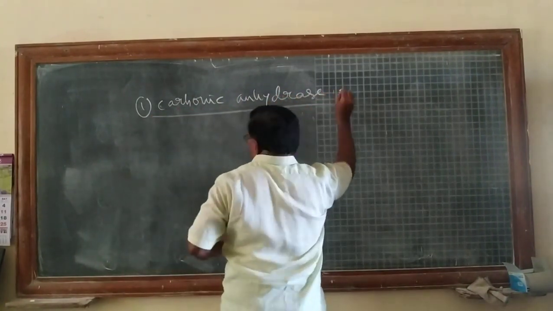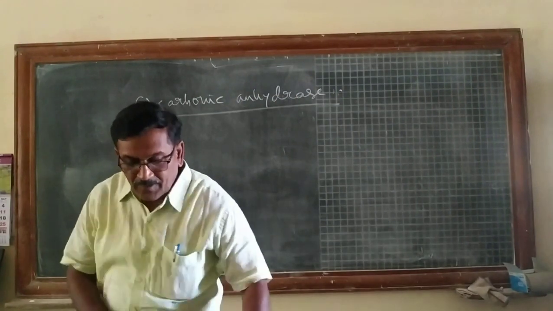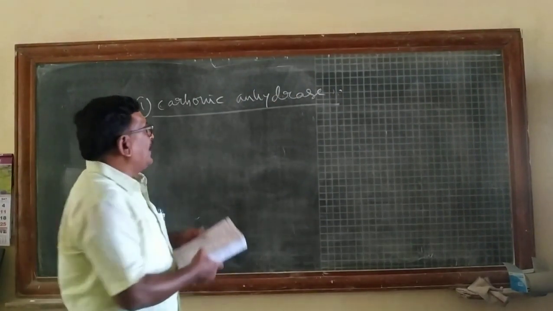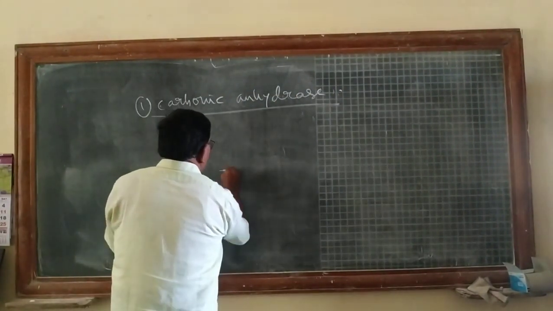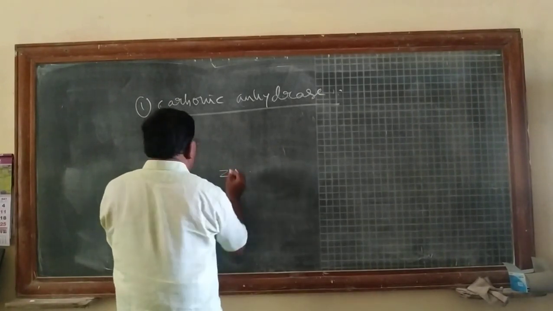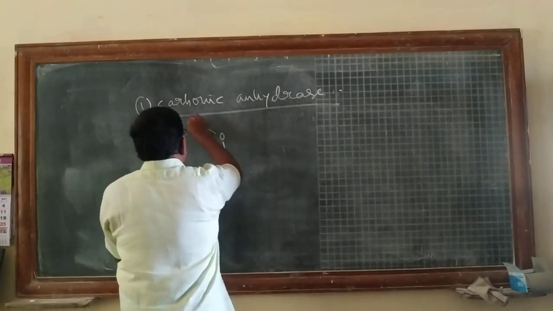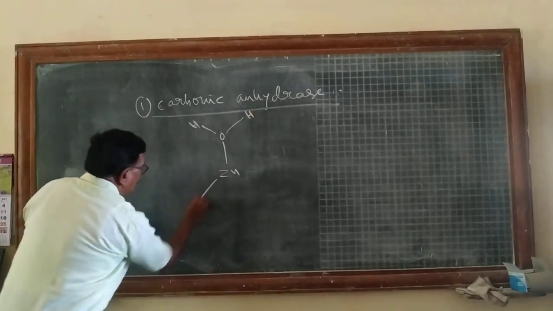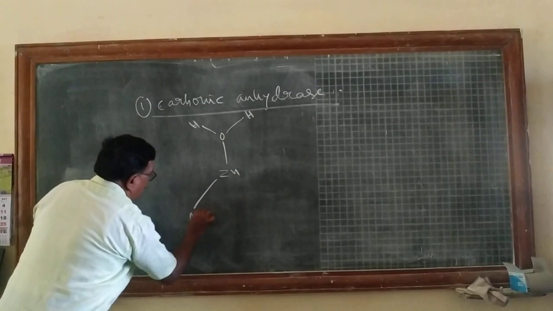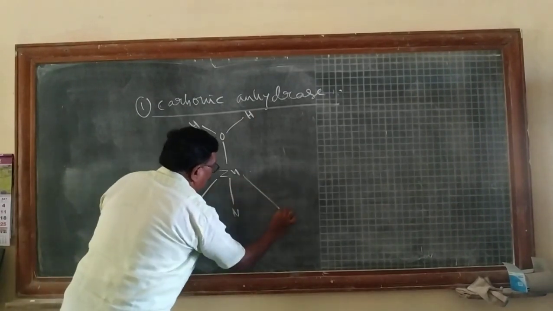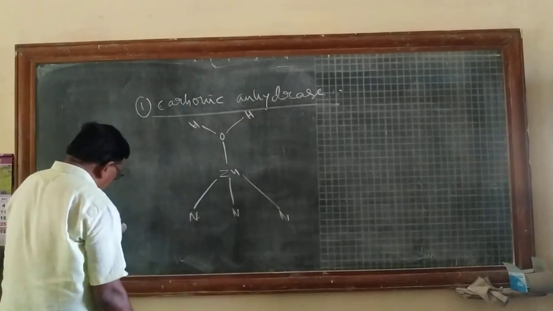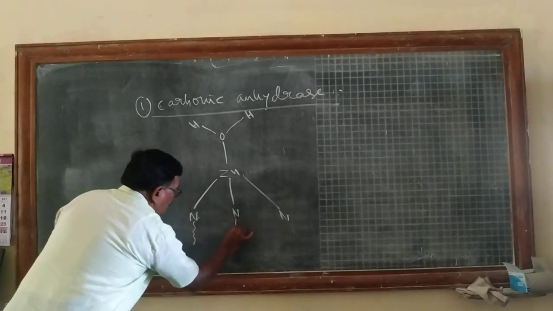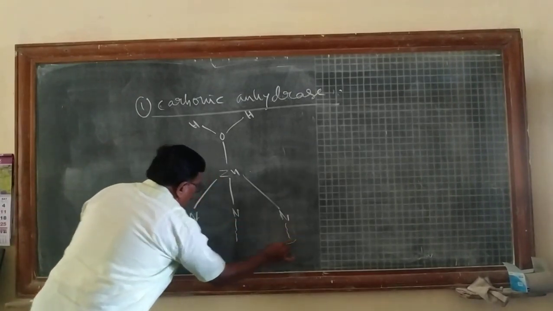The carbonic anhydrase usually has a structure like this. At the center there will be a zinc metal, and it will have a water molecule linked like this. This is the first nitrogen atom, this is the second nitrogen atom, and this is the third nitrogen atom. So here the chain is continuous.